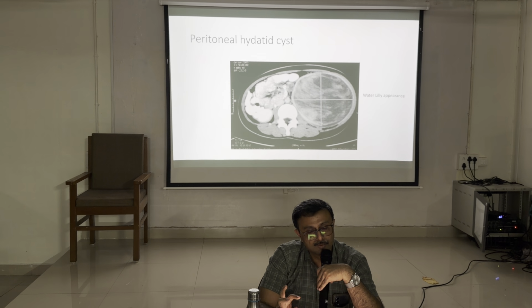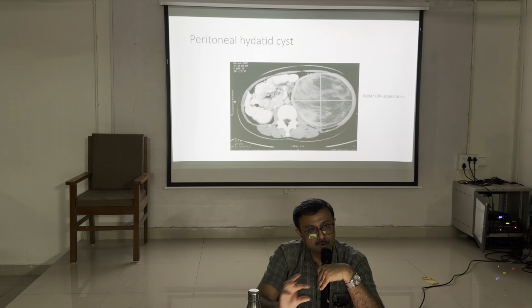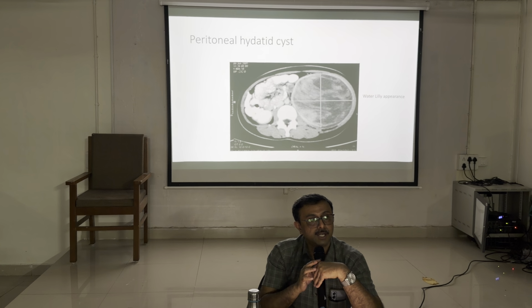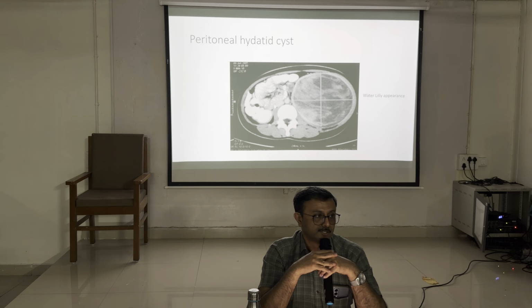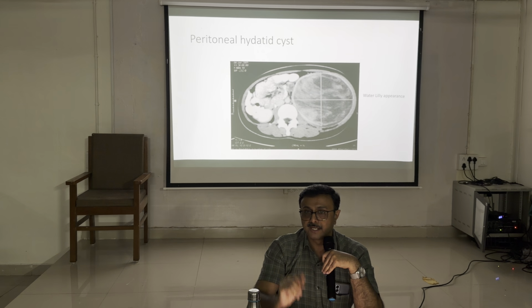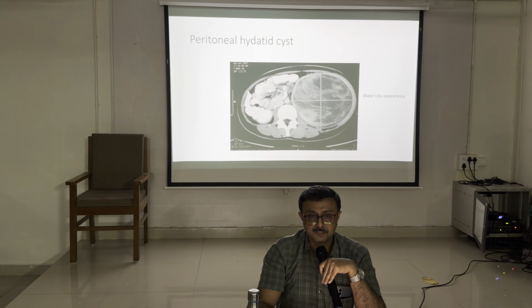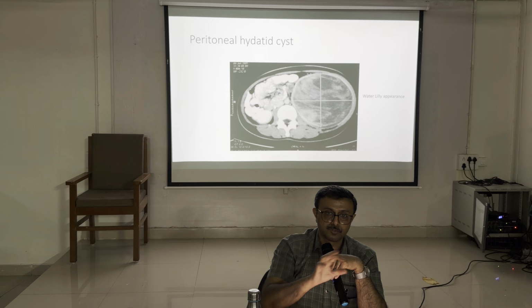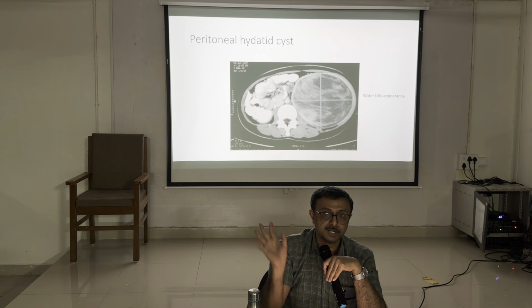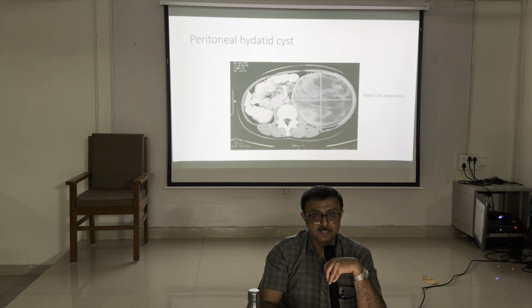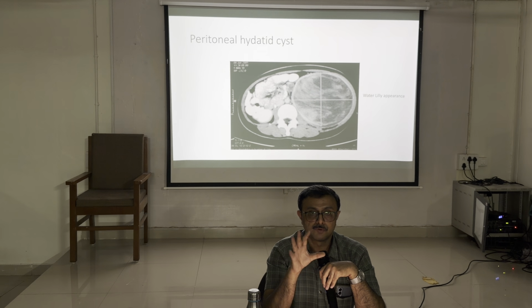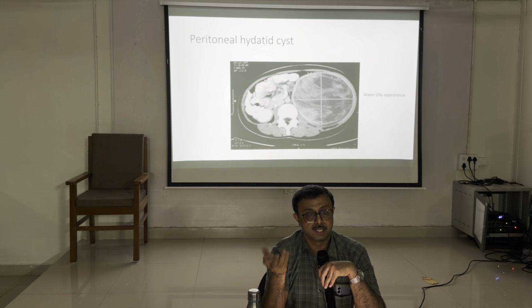Basically water system, solid region, solid area, and later on calcification. So how can we classify? This is detached endocyst capsule from the water system. That is the water lily appearance. This sign will not appear in an abscess. We have to differentiate clear fluid collection from abscess.